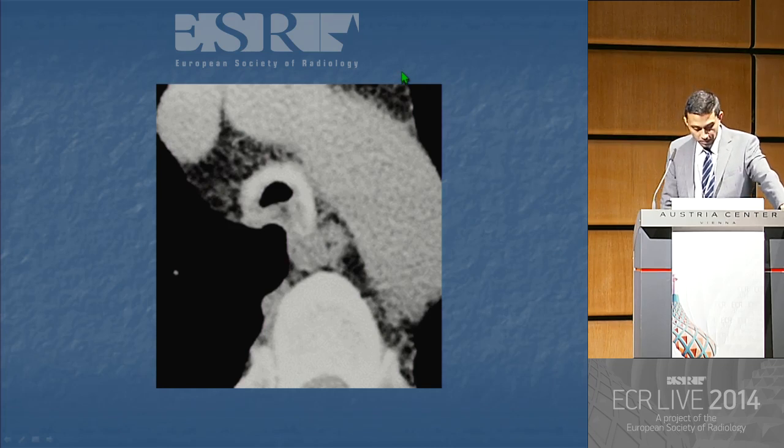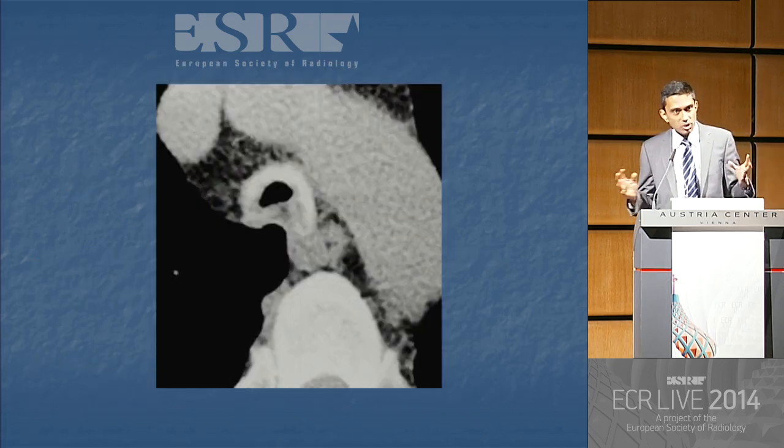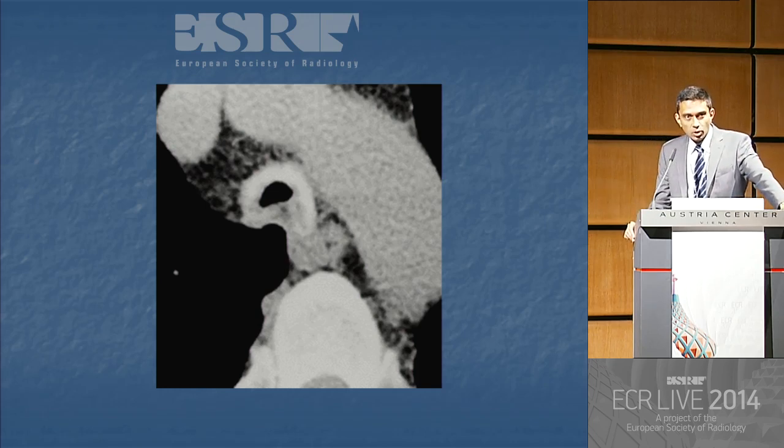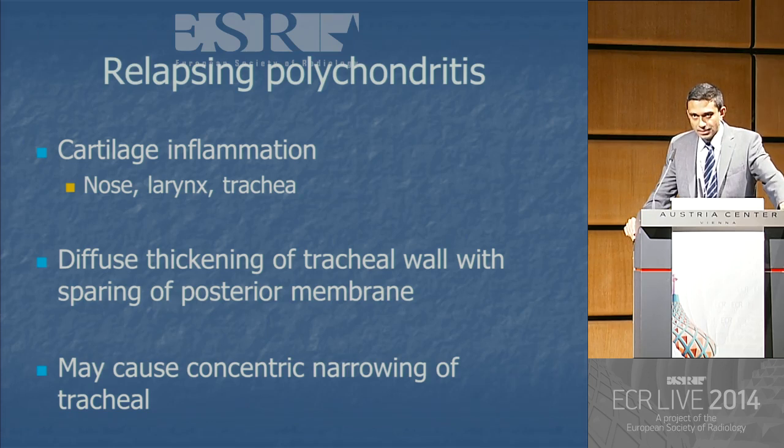And another crucial component to be aware of is that it causes concentric narrowing of the trachea. So in contrast to some of the shapes that I showed you earlier, which were more crescentic, this is much more concentric in nature. And it also spares the posterior membrane because, of course, that is a non-cartilaginous structure.